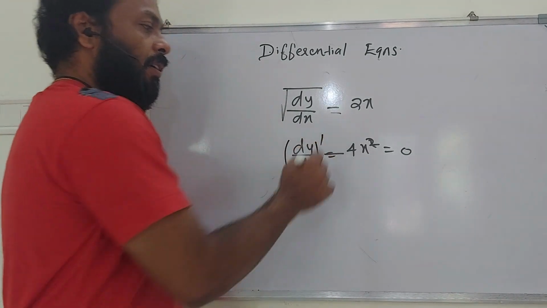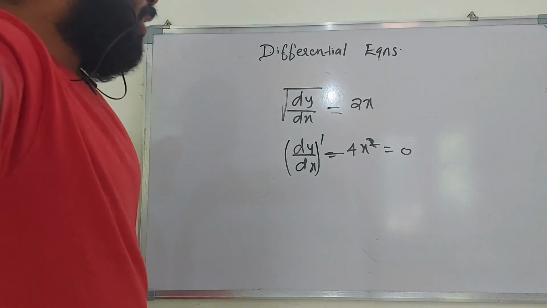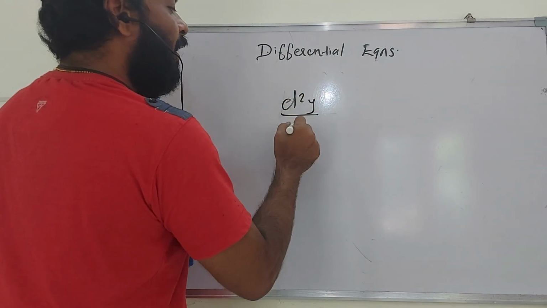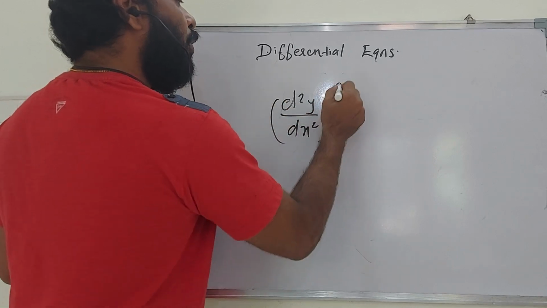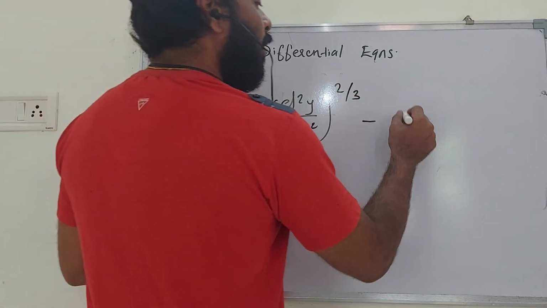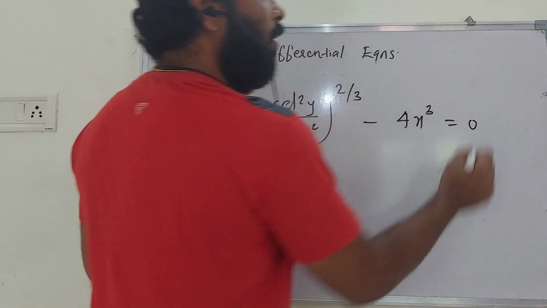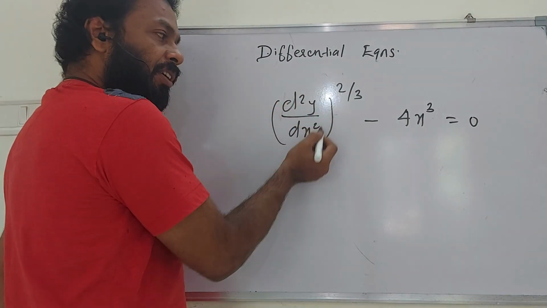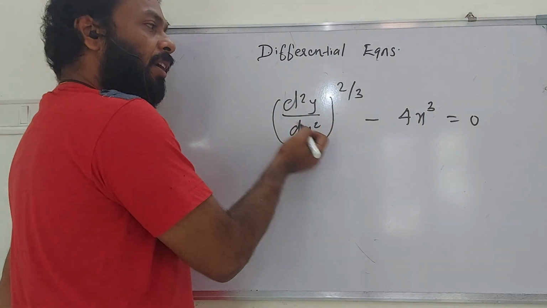Now if we consider this equation as d square y by dx square raised to 2/3 minus 4x cube dy by dx equal to 0. Here the order of the differential equation is 2 because the highest order term is 2.